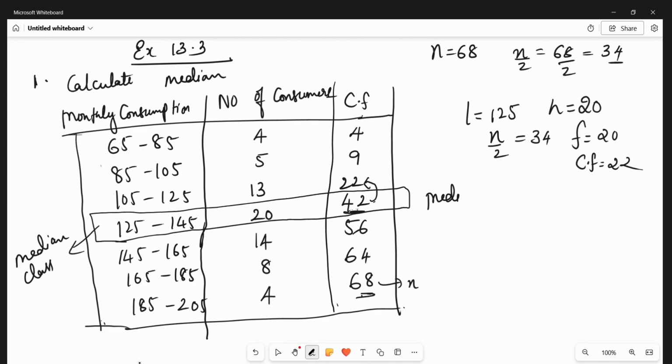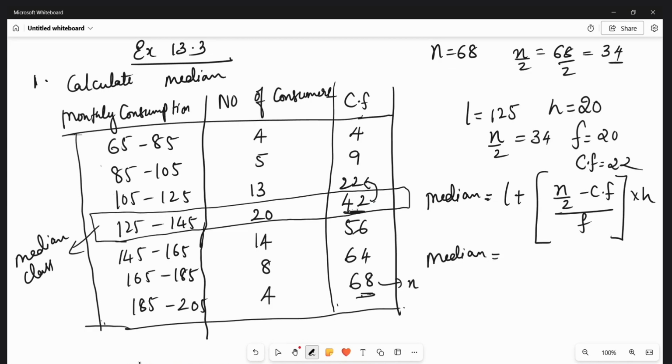Median is equal to L plus n by 2 minus CF, by f, into h. So median is 125 plus 34 minus 22 by 20, into 20.